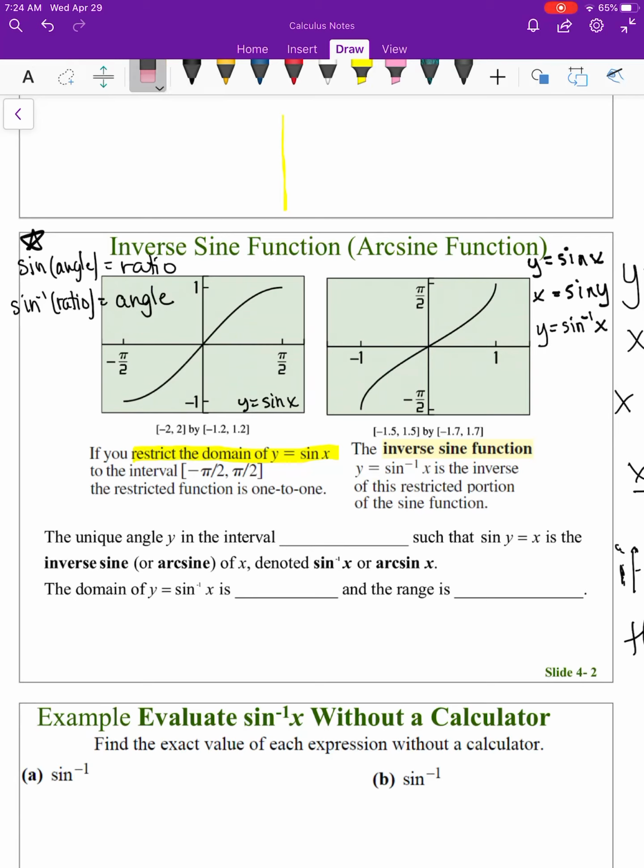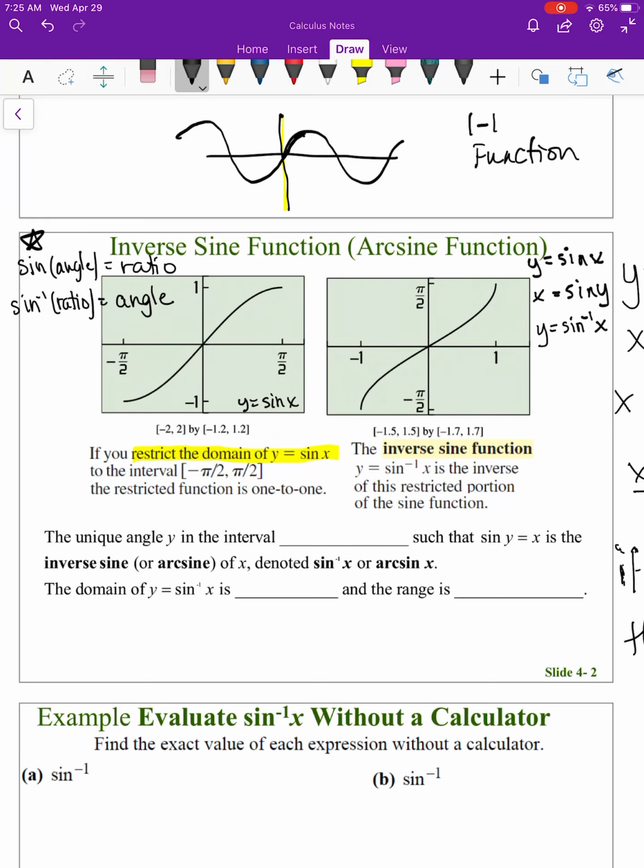Because I don't know if you remember, but if you have a function like the sine function, to find an inverse, it has to be, of course, a function, but it also has to be a one-to-one function. If it's not one-to-one, you can't find the inverse.